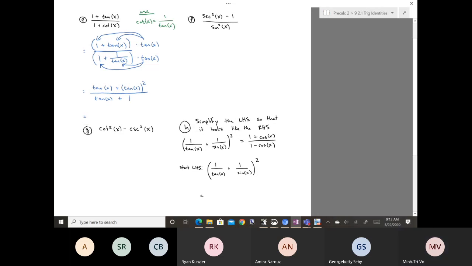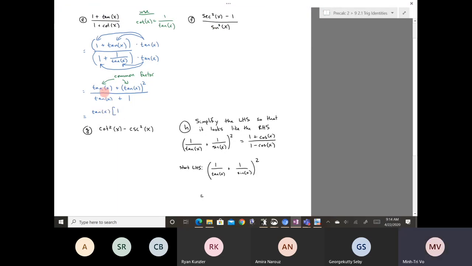So what do I get? There's a common factor here and here, so I factor out the common factor.